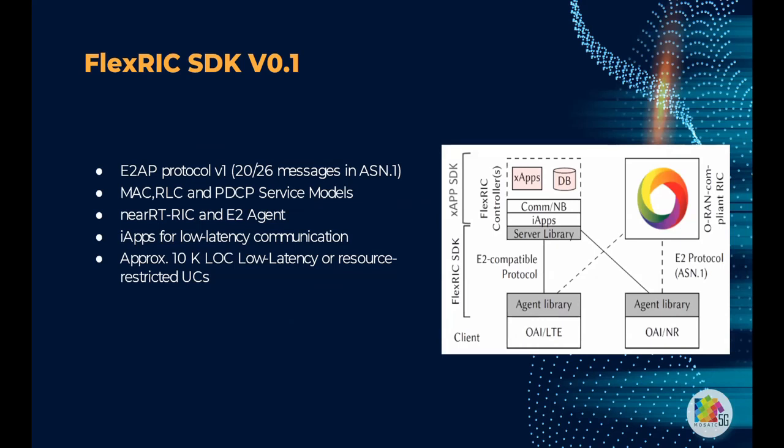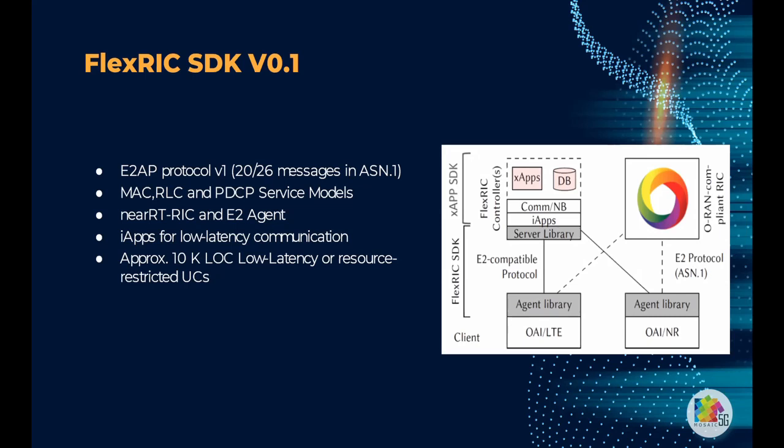So this was the FlexRIC SDK version 0.1 that we did last year. It has the E2AP protocol. We implemented 20 messages out of 26, which is much larger than any other RIC provider. We implemented MAC, RLC, and PDCP service models.